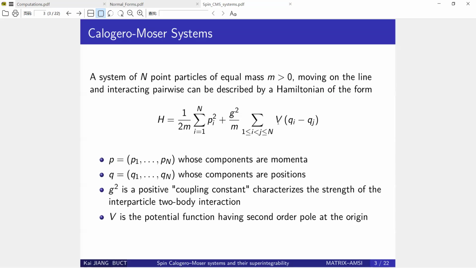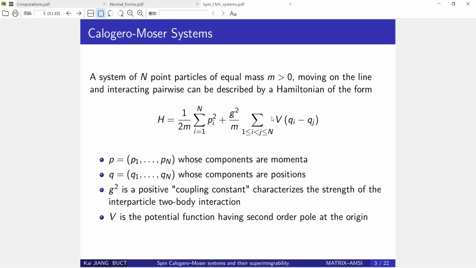So what is V? V here is a potential function having a second order pole at the origin. Usually it is, for example, 1 over (q_i minus q_j) squared.